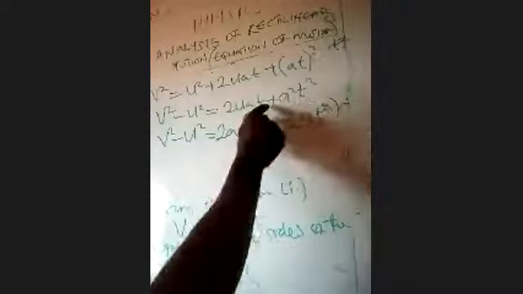Now v squared minus u squared will be equal to 2 times a, bracket ut plus half a squared t squared over a, that is half at squared. So it is 2a(ut plus half at squared).